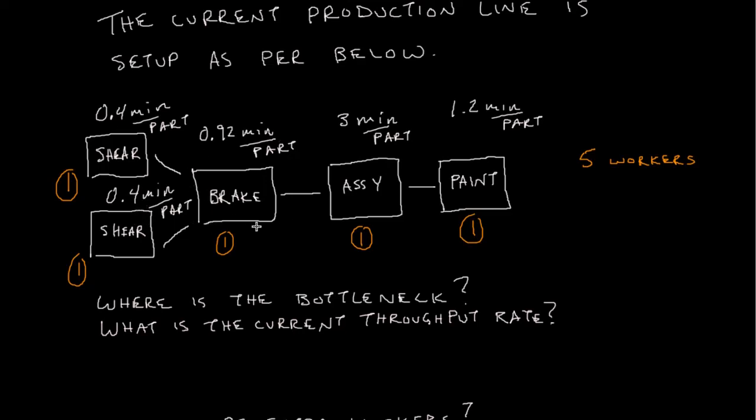The brake is making a part every 0.92 minutes. The assembly is making a part every 3 minutes, and the paint operation is making a part every 1.2 minutes. If we staff each one of these stations with one worker, we end up with 5 workers.